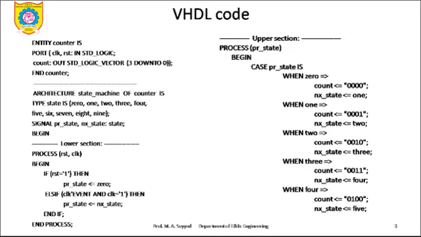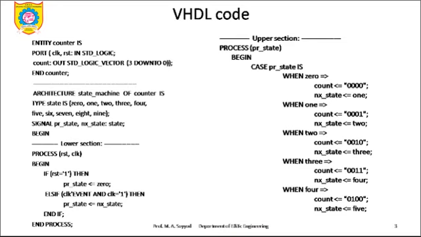Similarly, when your state is 1, count is an std_logic_vector 3 down to 0 of 4 bits. I told you that whenever you are using more than 1 bit, you have to write its value in double inverted commas.